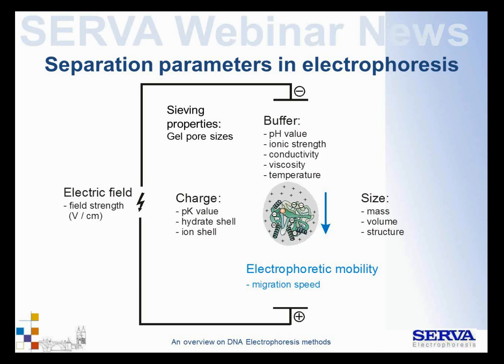The pH value, the ionic strength and the conductivity, which is connected, are responsible for the mobility, and the viscosity. Just as an example, you can modify the viscosity of a gel not by changing the pore sizes, but just the viscosity. You can slow down the migration, the electrophoretic mobility, for instance by adding a dextran to an agarose gel. You can slow down the mobility but not change the pore sizes of the gel.